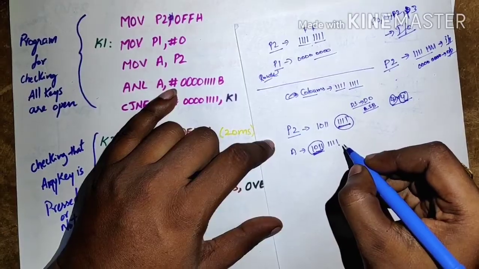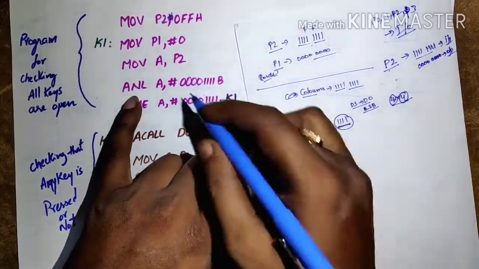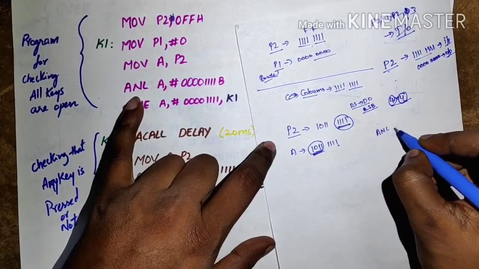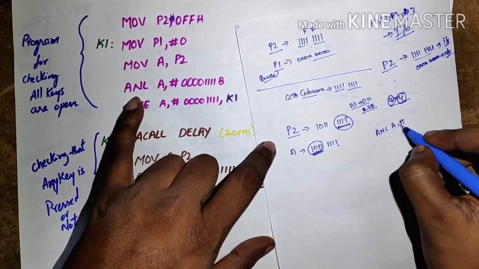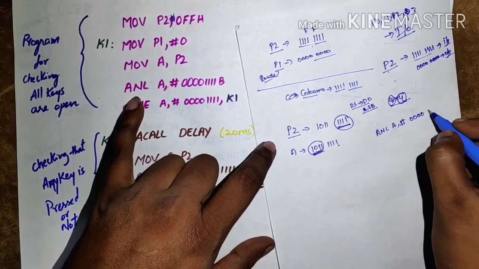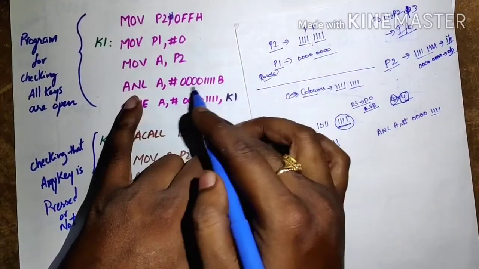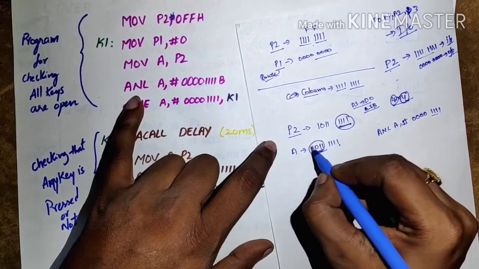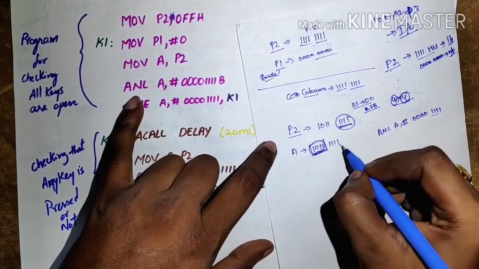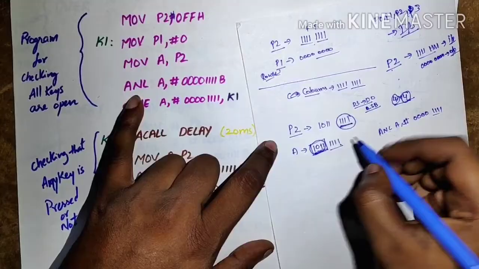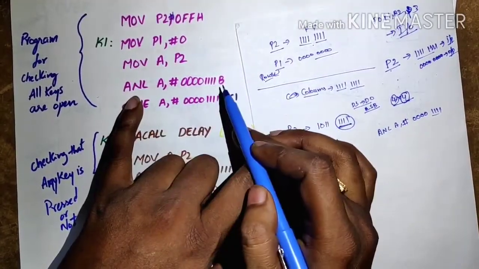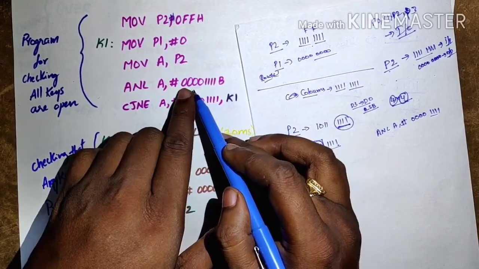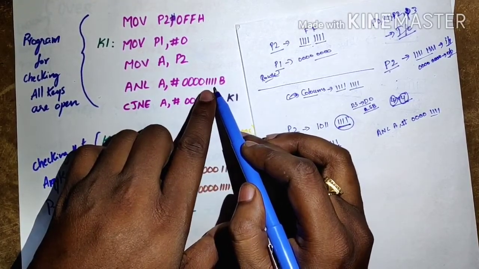In the next step we are ANDing A with the immediate value 00001111. As we already said, we don't need the MSB bits, we only bother about our LSB bits, so that's why the MSB bits are zeros and the LSB bits are ones.